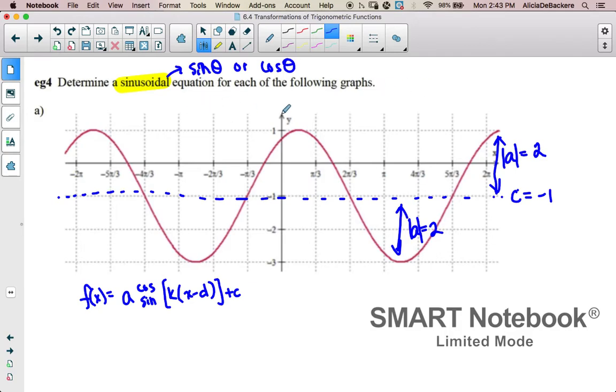Now, in order to come up with the horizontal values, I have to decide, am I going to start on the axis or start at a max or a min? If I'm starting on the axis, then I'm looking at a sine curve. If I'm starting at a max or a min, I'm looking at a cosine curve. So when I look at the max and the min values, what I notice is that they happen not on a grid line.